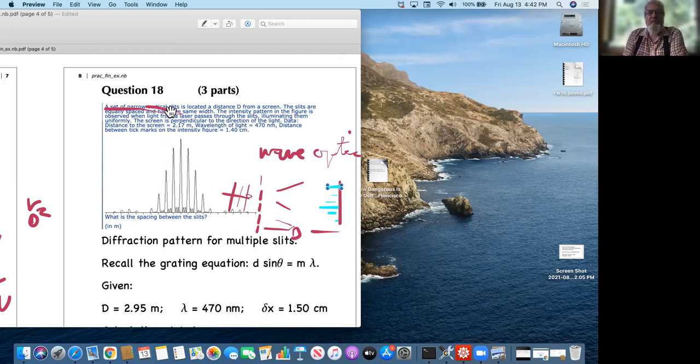Now, these slits have a certain width. What information are you given? You're given the distance from the slits to the screen, 2.95 meters. You're given the wavelength of light, 470 nanometers. You're given the distance between the peaks in the diffraction pattern, so call that dx.